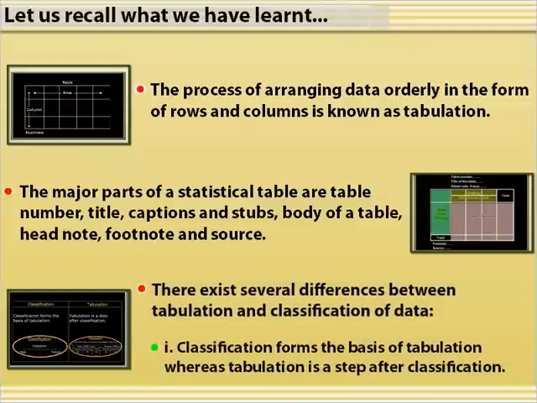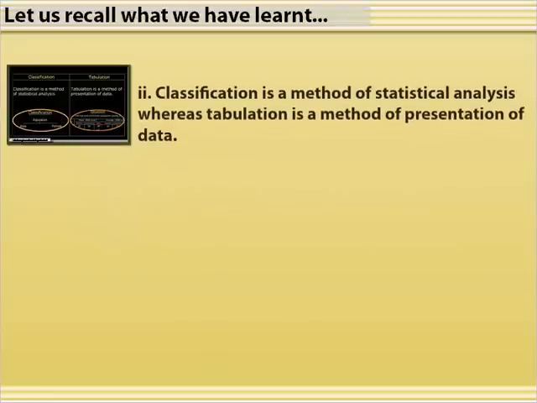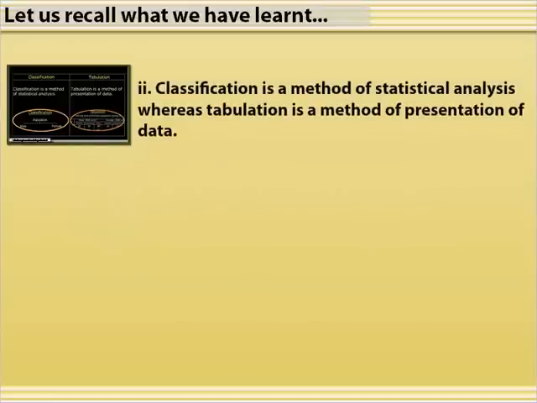There exist several differences between tabulation and classification of data. Number 1. Classification forms the basis of tabulation, whereas tabulation is a step after classification. Number 2. Classification is a method of statistical analysis, whereas tabulation is a method of presentation of data.